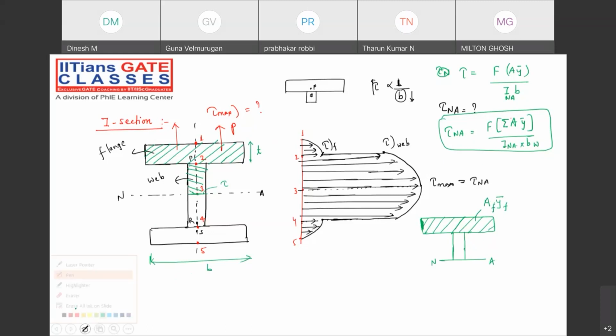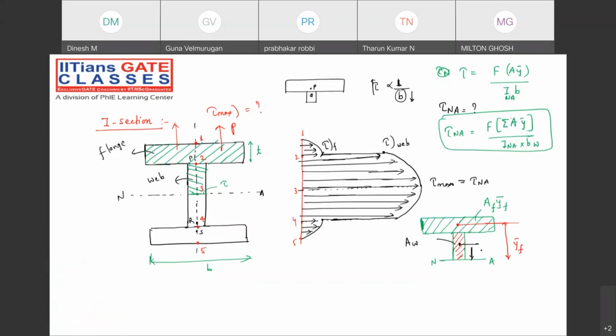It will be something like this. Centroidal distance, like this. All of you, please check it out. And for the web, first of all, we need to calculate the area of the web section and the centroidal distance from the neutral axis.